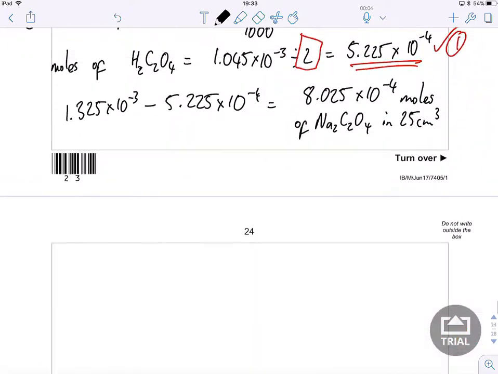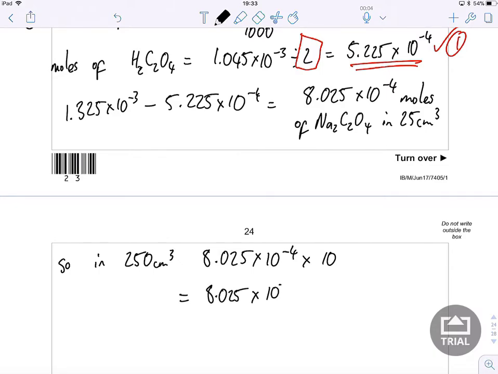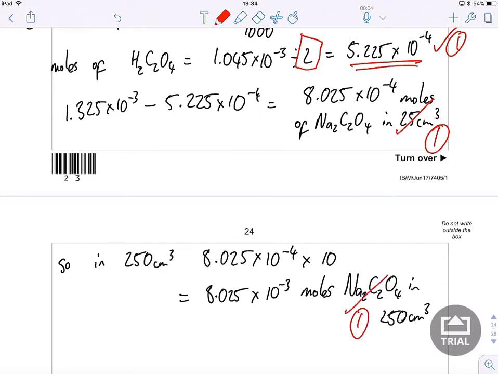So in 250 cubic centimetres, there must be 8.025 times 10 to the negative 4 times by 10, which gets me 8.025 times 10 to the negative 3 moles of sodium ethanedioate in my 250 cubic centimetre volumetric flask. So I get 1 mark for working out the moles of sodium ethanedioate in 25 cubic centimetres, and 1 mark for scaling it up by a factor of 10.